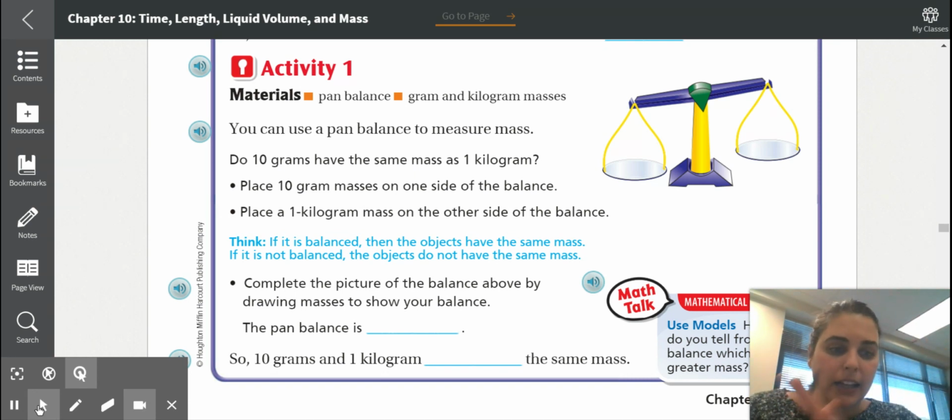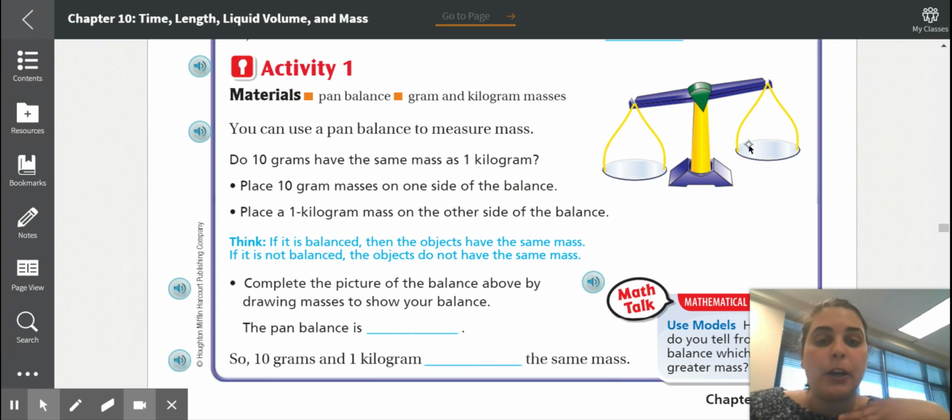It's a video of me showing how to use one of these. So I want you to press pause in your video right now and go watch the other video that I made about how to use a pan balance. Okay, so everyone press pause, go watch the video, and then come back and keep going on this video. Okay?